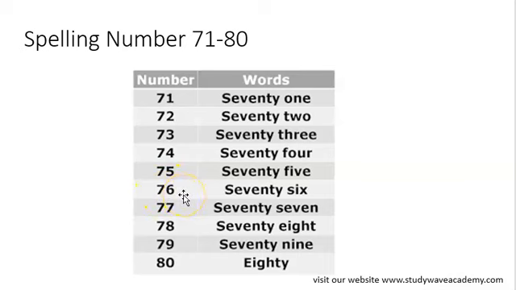Okay? The next number we have is 76. And how do we spell 76? We spell 70 and 6 together. Are we ready to spell? Okay, let's go.